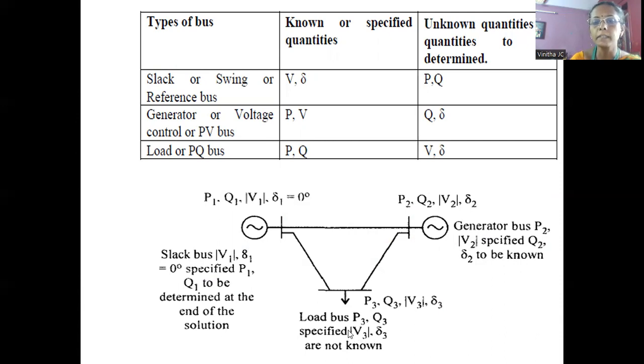And the third bus is the load bus, otherwise called the PQ bus. Since it is the third bus, it is represented by P3 and Q3. Here, for this load bus, P3 and Q3 will be specified, and after solving the load flow equations, we need to calculate the magnitude of voltage and the phase angle δ.